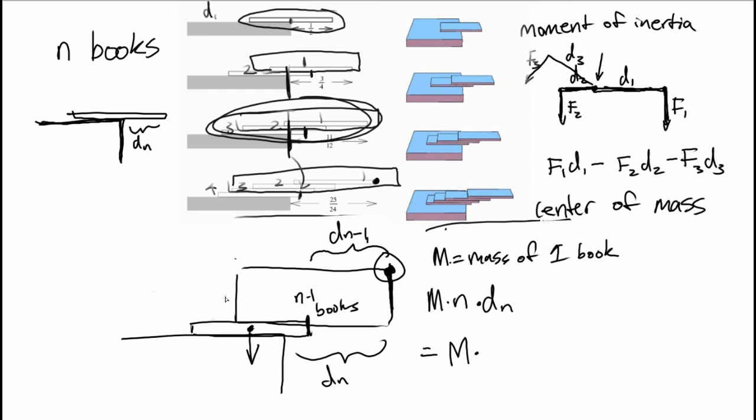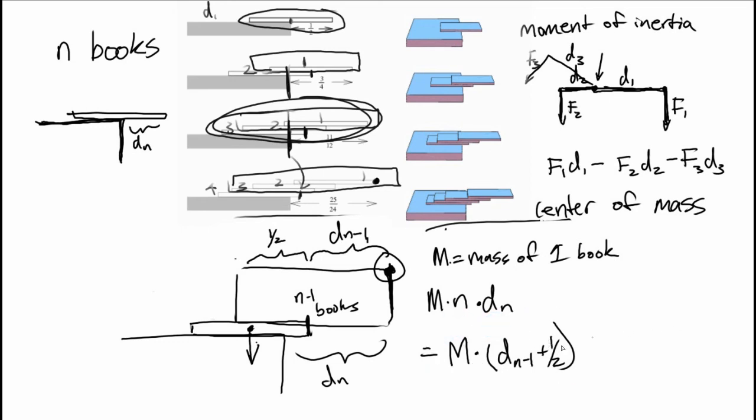Since we incremented n by 1, we just slipped a book underneath. So this distance right here would actually be d of n minus 1 plus 1/2 of the length of a book, if we assume the length of a book is 1. So the moment of inertia from just this book is going to be m times d of n minus 1 plus 1/2.